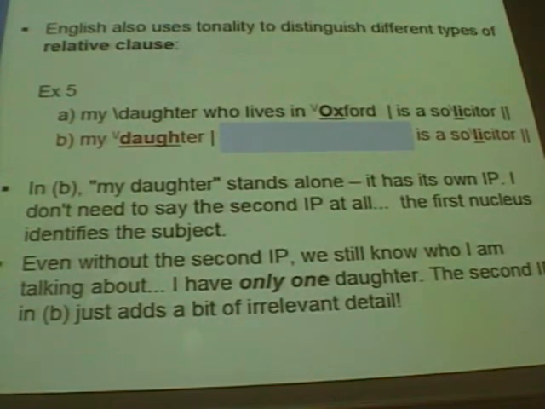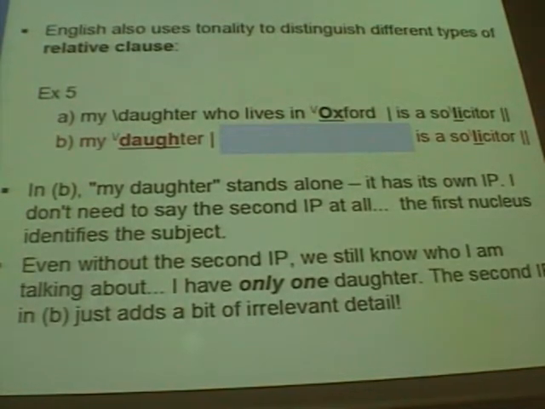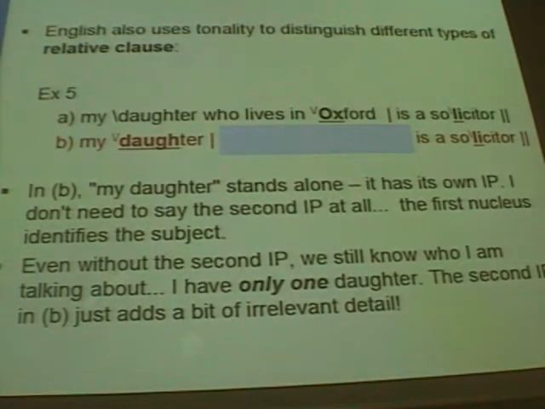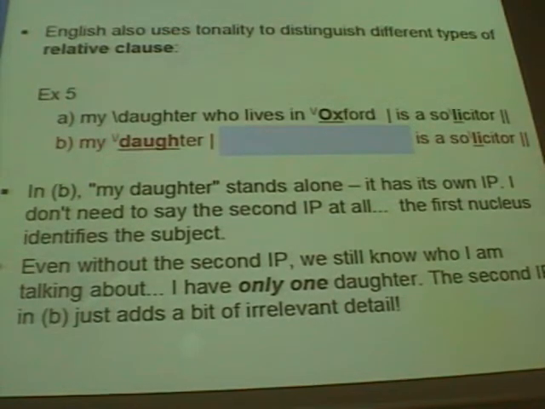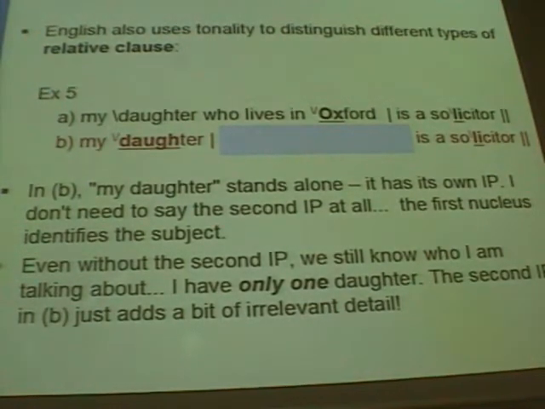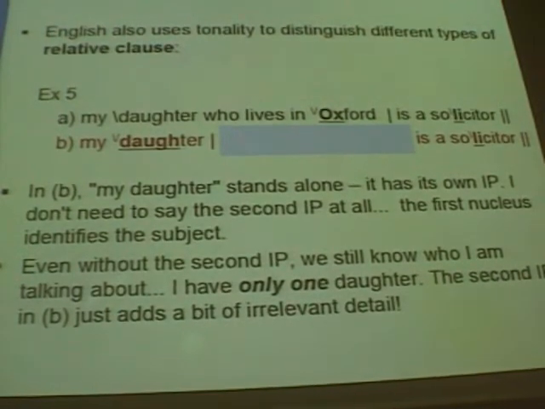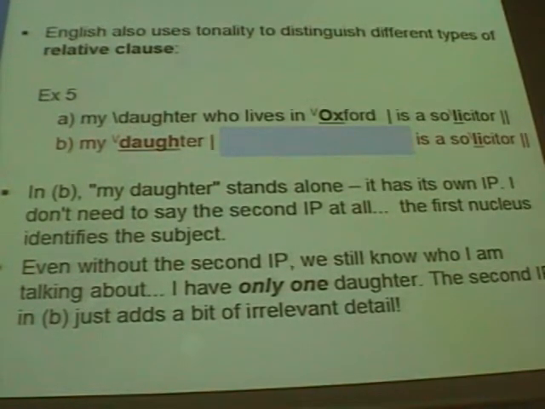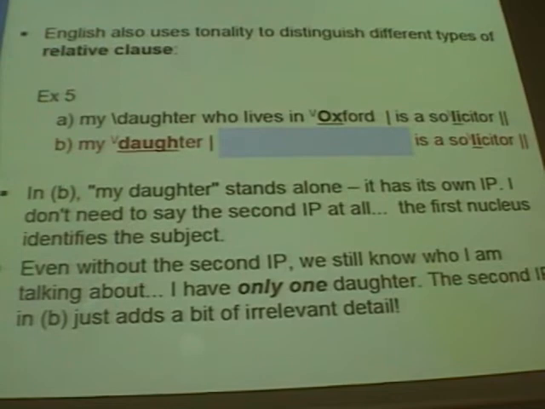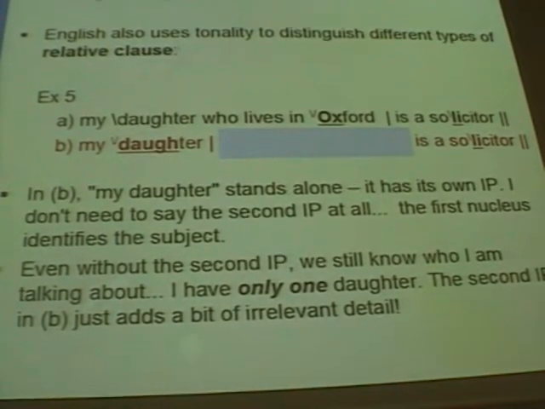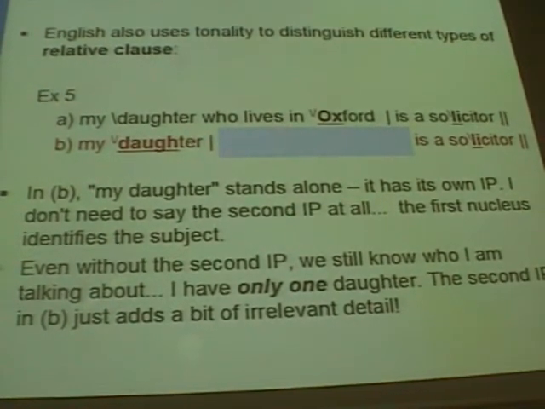I could say, my daughter, who drives a tractor, is a solicitor. Or my daughter, who dyes her hair pink, is a solicitor. My daughter, who breeds African land snails, is a solicitor. And now you know quite a lot about my solicitor daughter.